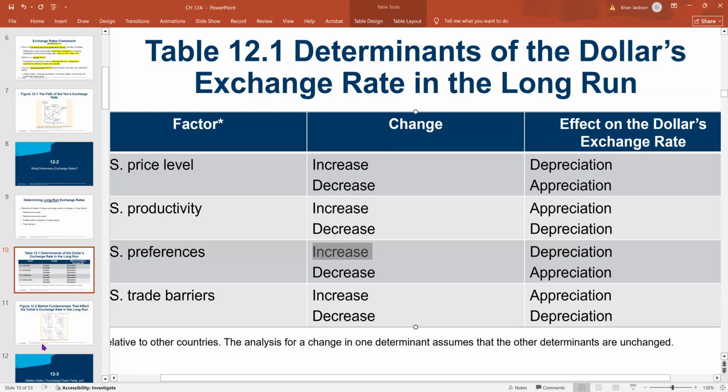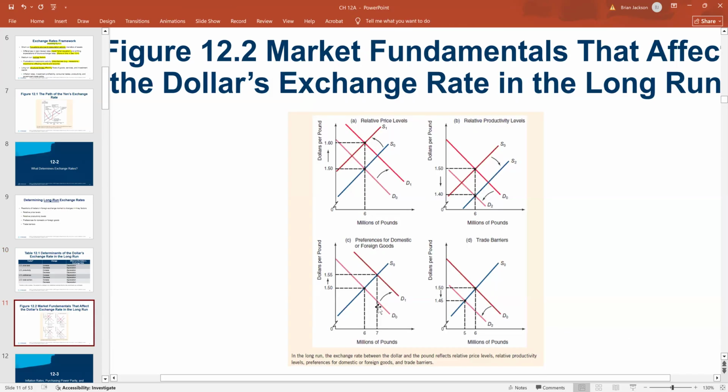Okay. Well, what would happen there? We would see in the lower left-hand corner here, there would be an increased demand for pounds. For some reason, people want to buy that British tea. I don't know what it is, or that Swiss chocolate, or whatever it is. There would be an increase in the demand for the currency that good is priced in. So British tea is priced in pounds.